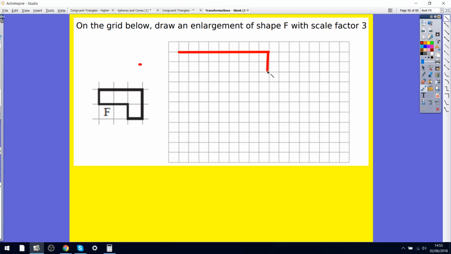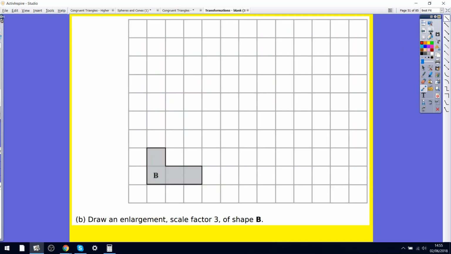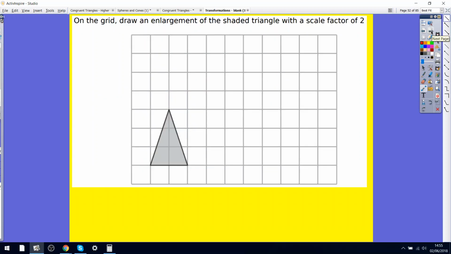That's it. Okay, so fancier shape, exact same idea. So just a fancy shape. Okay, how about this one?